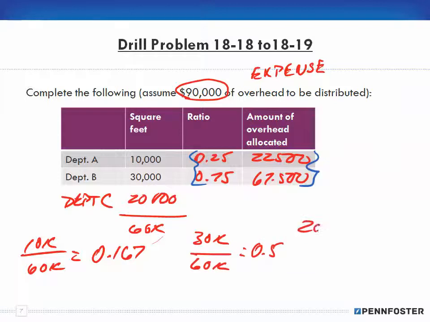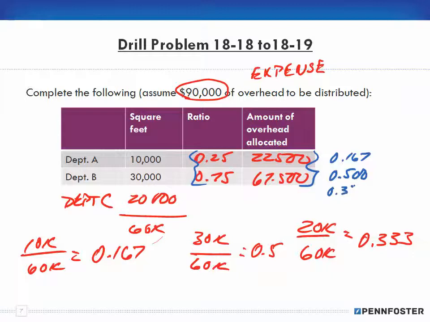And if I have 20,000 divided by 60, I have 0.333. Okay, so in my hypothetical example here, my ratios now are 0.167, 0.500, and 0.333, which still all total 1.00, right?